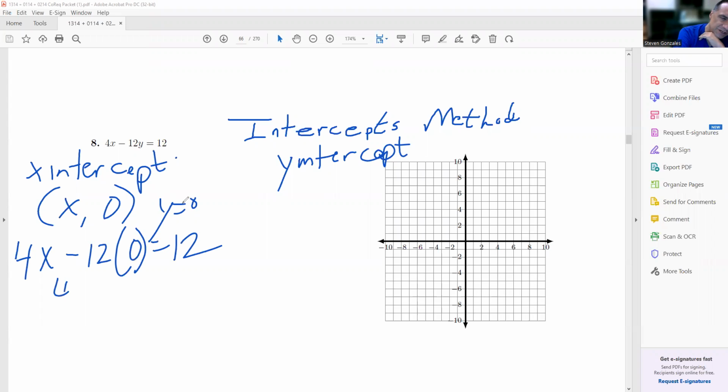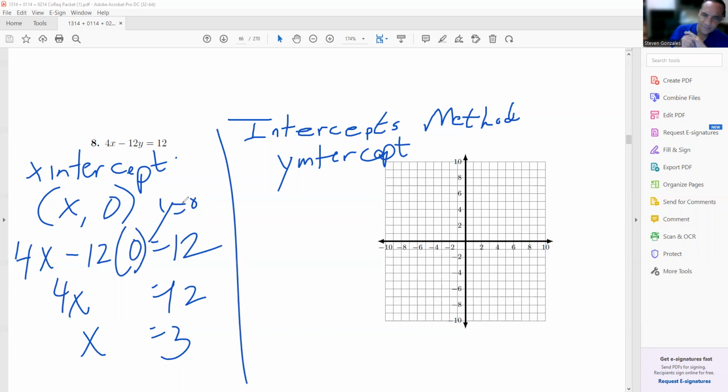You'll be left with an equation such as 4x is 12, which leads to x is 3. You might find quicker ways to get it, but that's algebraically how you would arrive at an x-intercept. So now we know that 3, 0 is a point on the graph, because 3, 0 satisfies the linear equation.